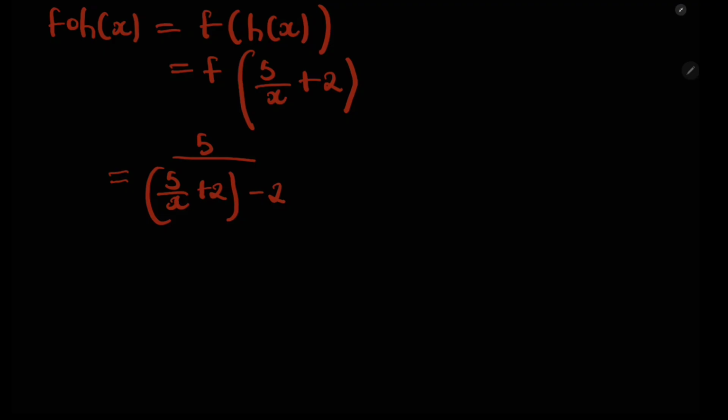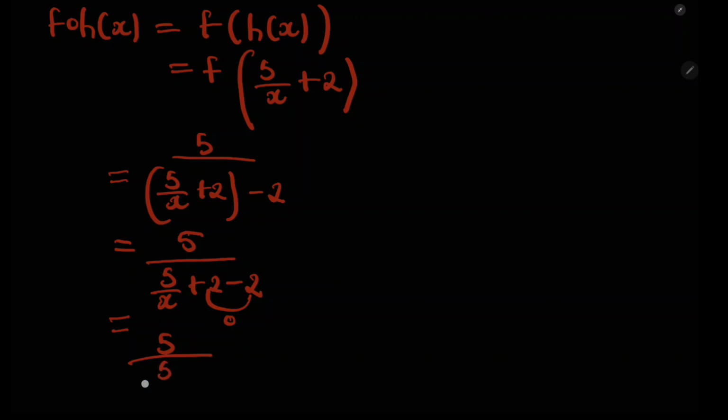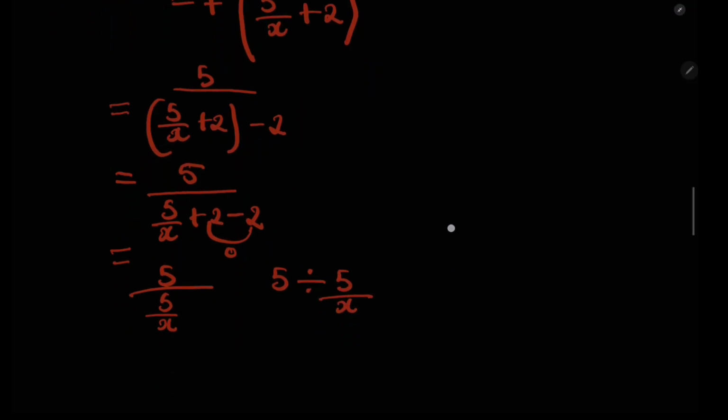In the denominator, we have 5 on x plus 2, and we open the bracket minus 2. This will give 0. So we have 5 on 5 on x, which is the same as 5 divided by 5 divided by x.